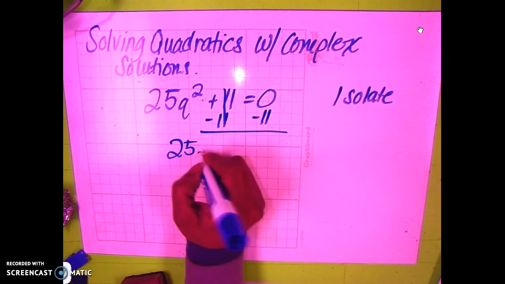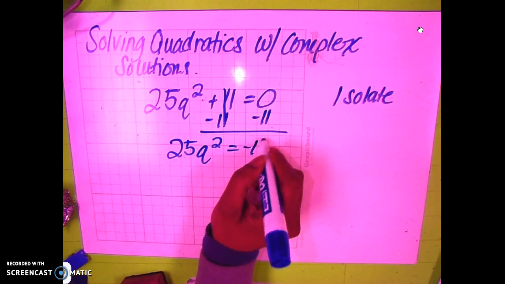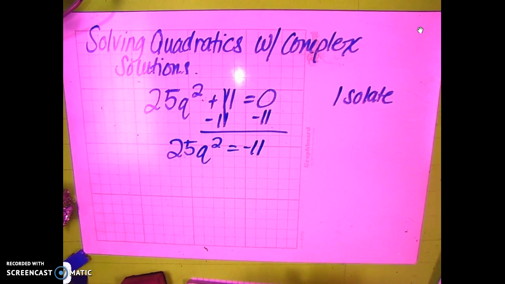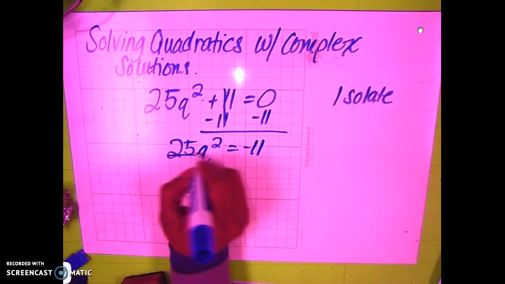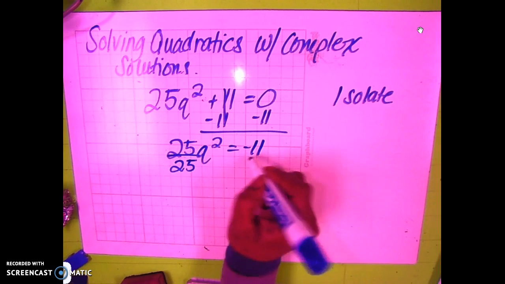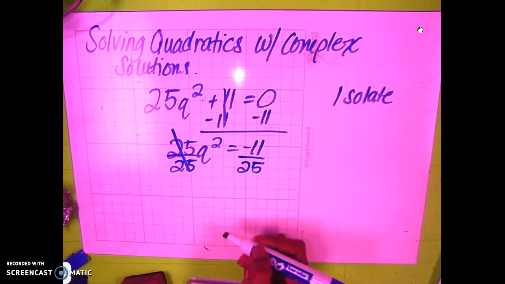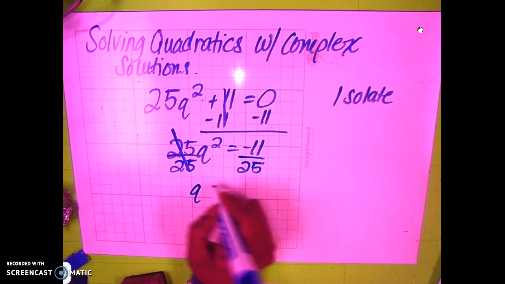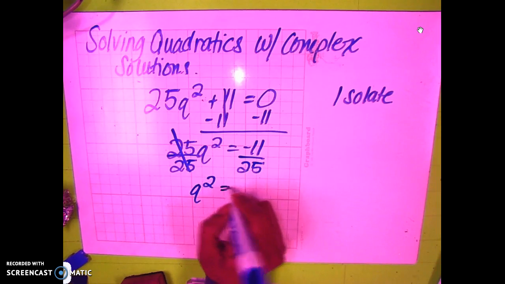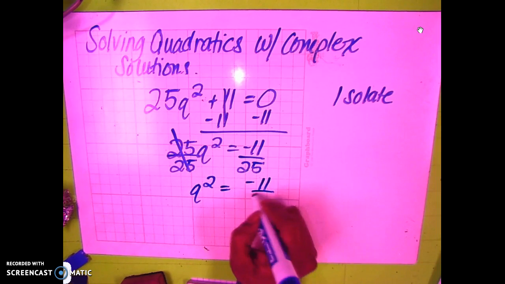Now I have 25q squared equals negative 11. I'm going to divide both sides by 25. These 25s will cancel out. And now I have q squared equals negative 11 over 25.